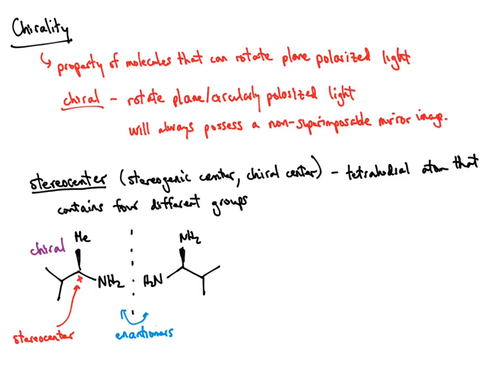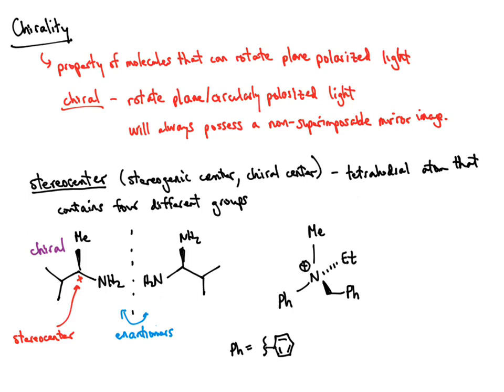Another example of a stereocenter would be an ammonium ion. We have a methyl group, a phenyl group. Phenyl is just short for a benzene ring. We also have a benzyl group, which is a CH2 in between that and the benzene ring, and then an ethyl group.